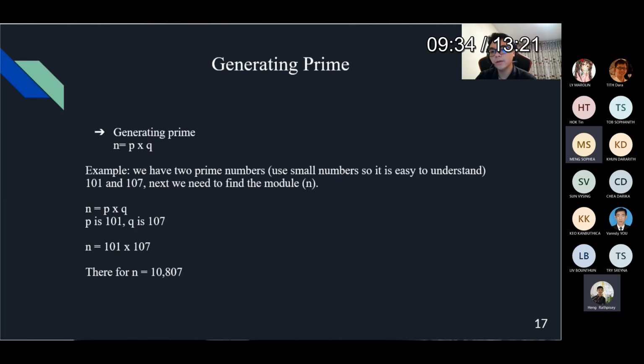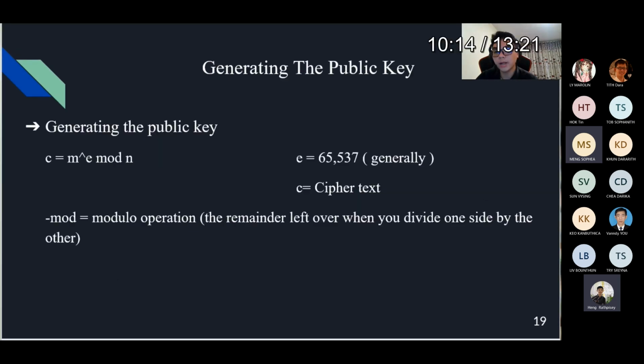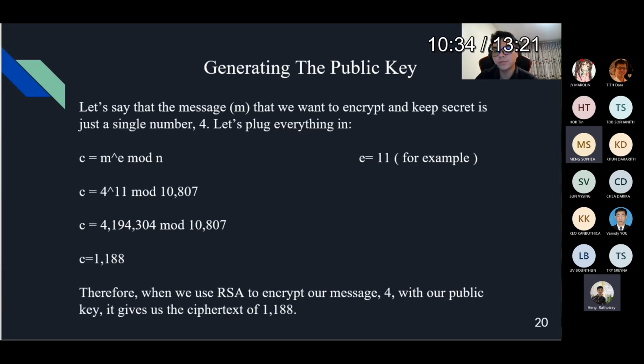It shows that we use the Carmichael totient function, which uses the lowest common multiple. Then we generate the public key with the formula given by RSA. After we generate our public key, we get our ciphertext, and we move to the next step to generate our private key.